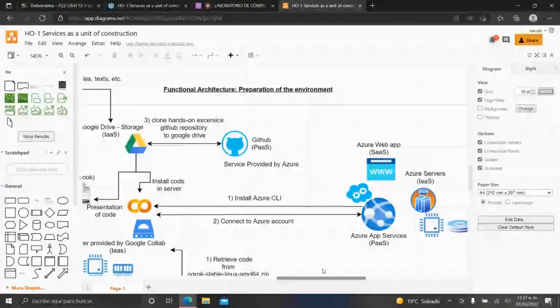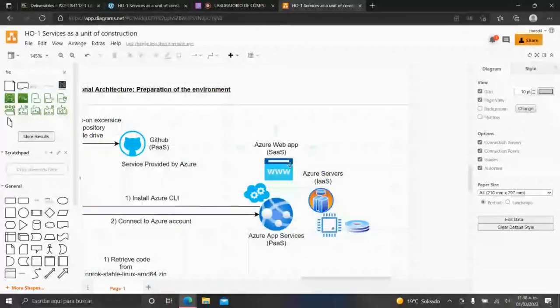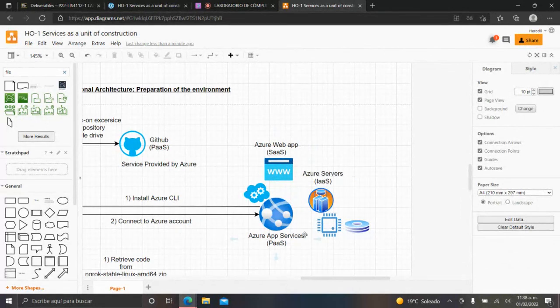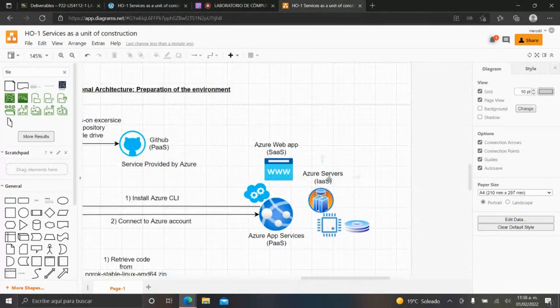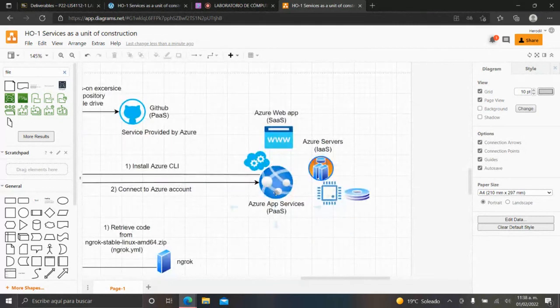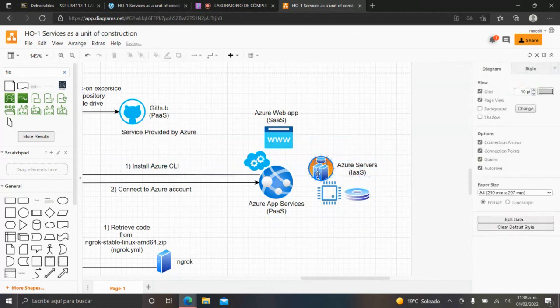Okay. And just now I have questions about Azure. So the Azure web app and the Azure servers and Azure App Services, right? They are the only components. And in fact the Azure servers are part of the package of Azure App Services. In fact, it provides you with all the necessary servers as a package within these Azure App Services.